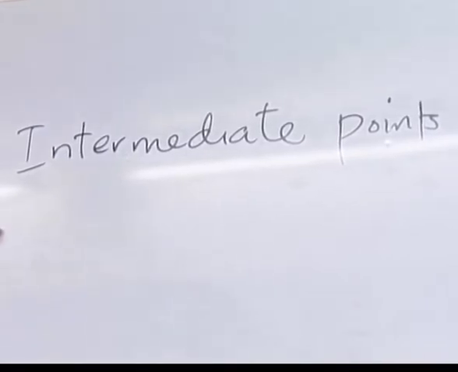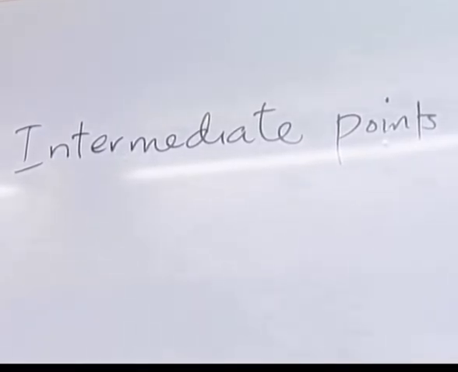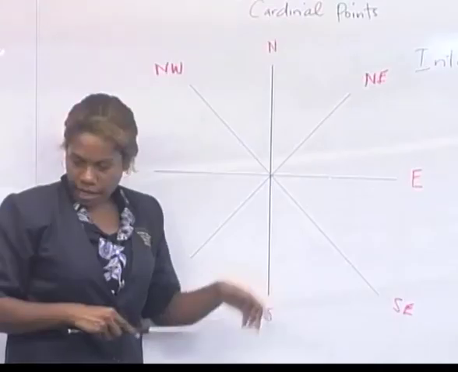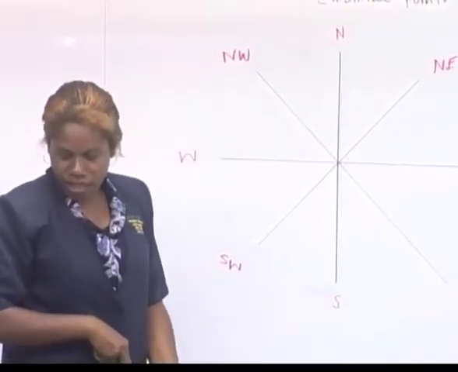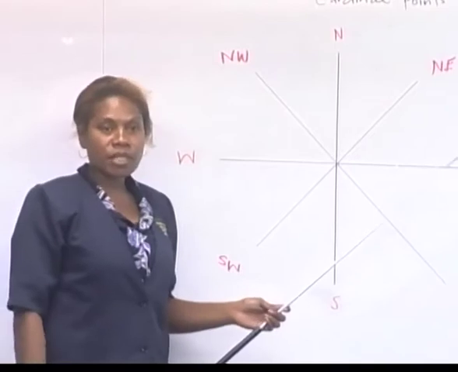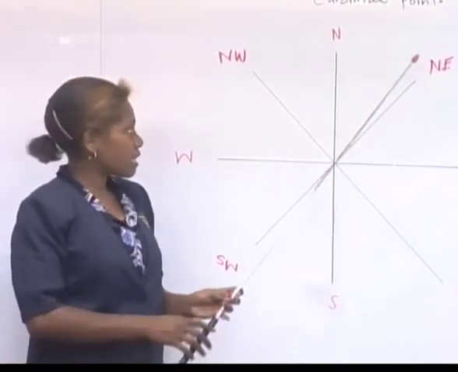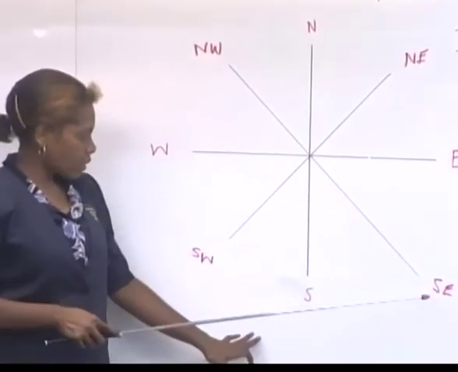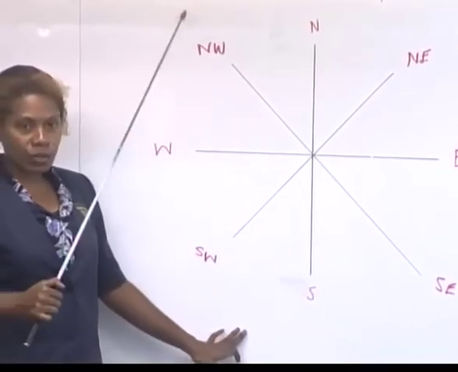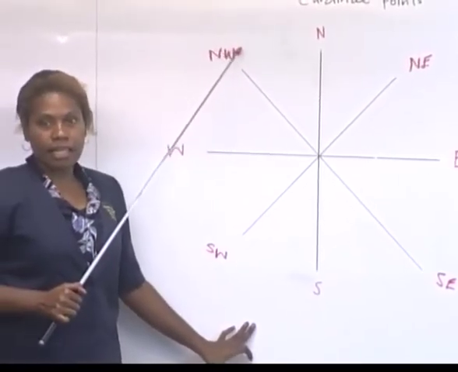Intermediate points are the directions, the points, which are in between the cardinal points. That's northeast, southeast, southwest, and northwest.